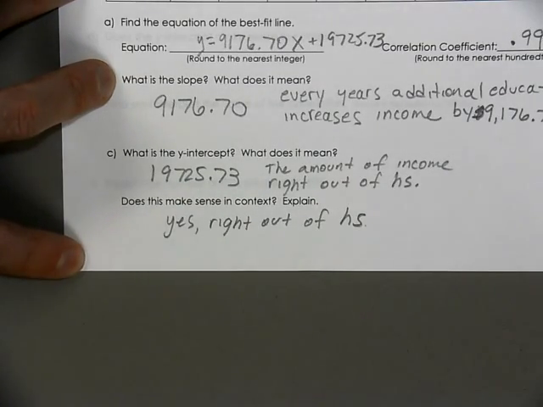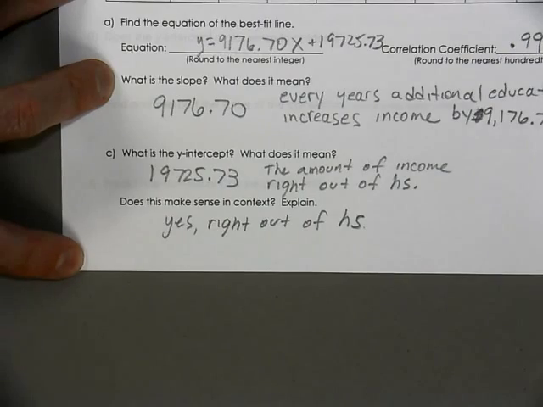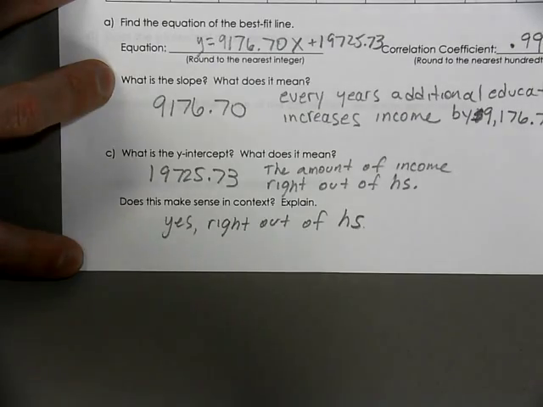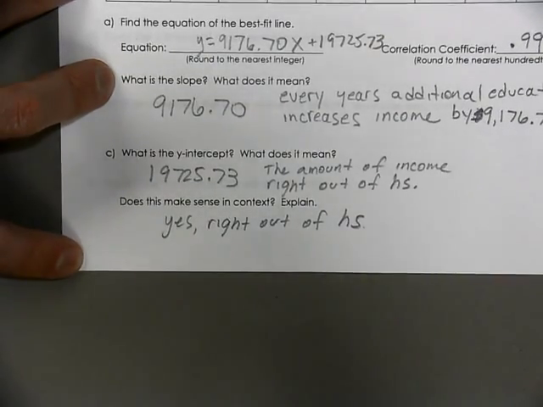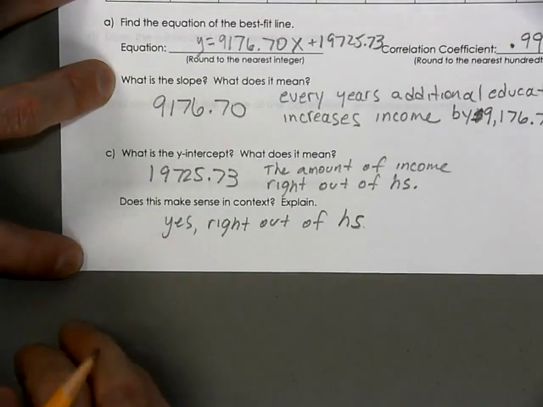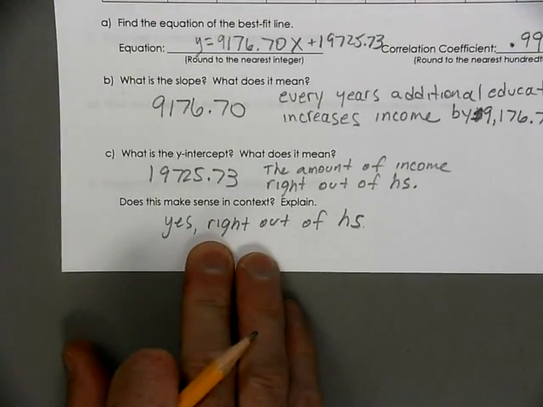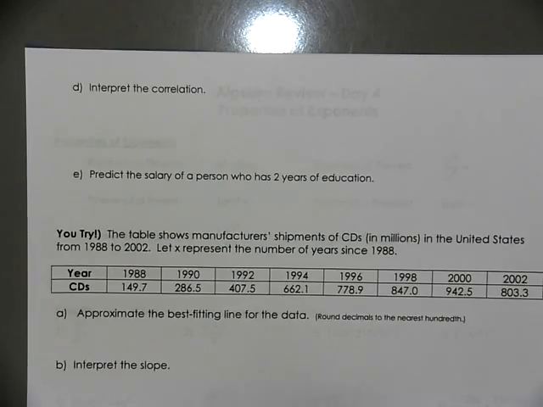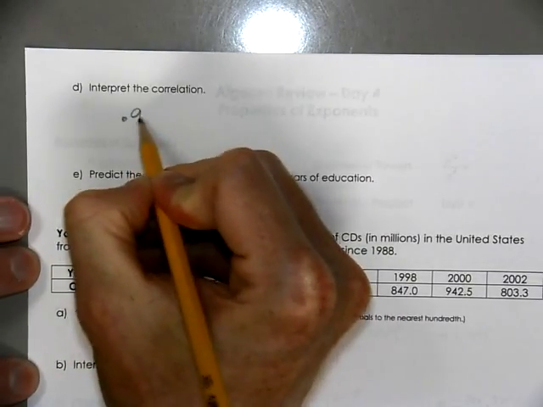If it's the number of breaths that you take in a given day, you don't take 0 breaths in a given day. Whatever the X value stands for, sometimes 0 doesn't make any sense. But it would make sense here. On the next page, the correlation coefficient.